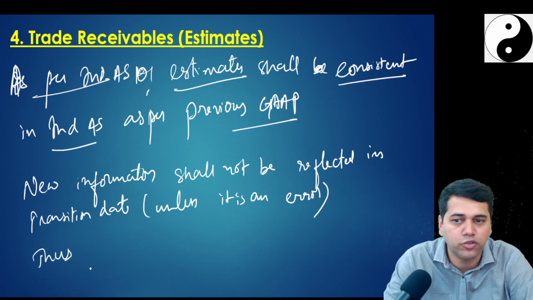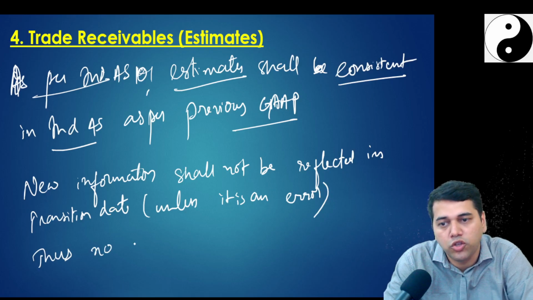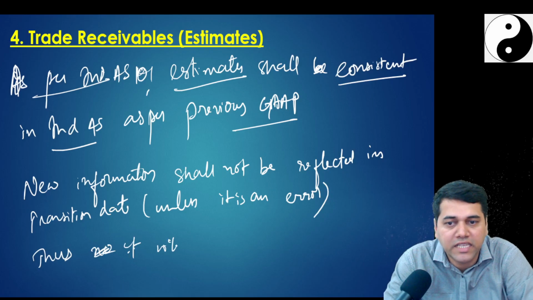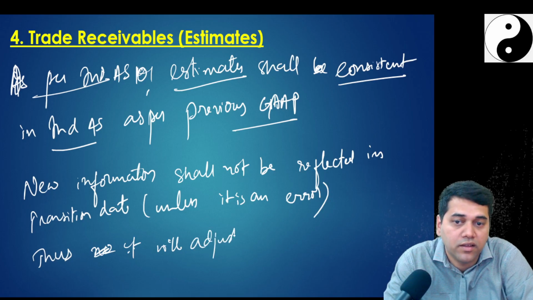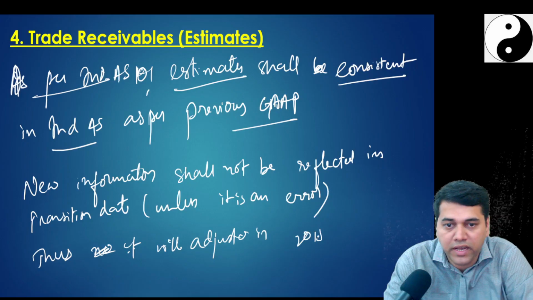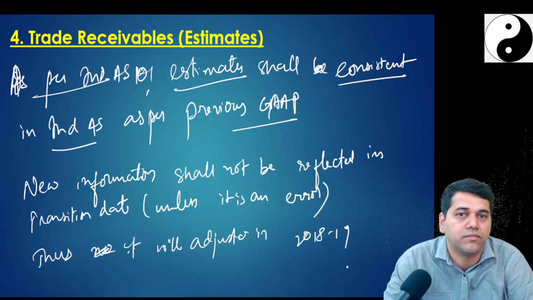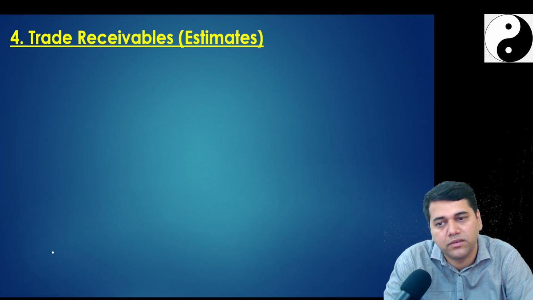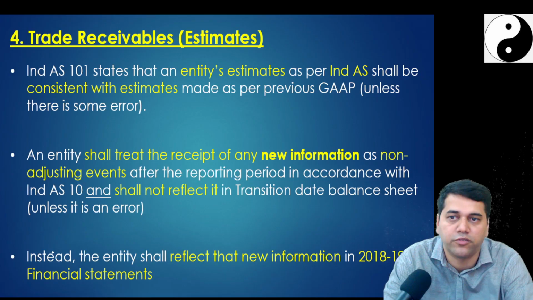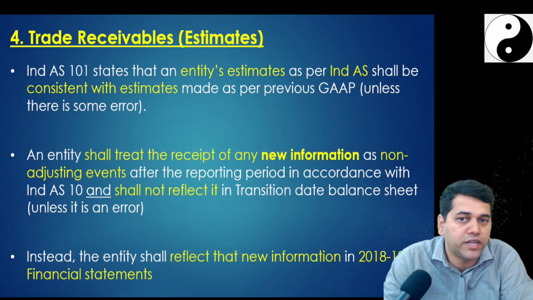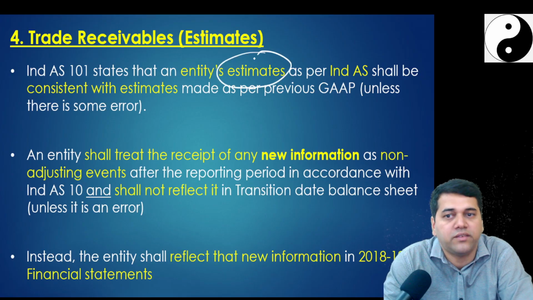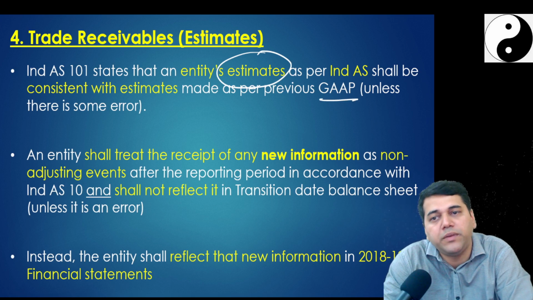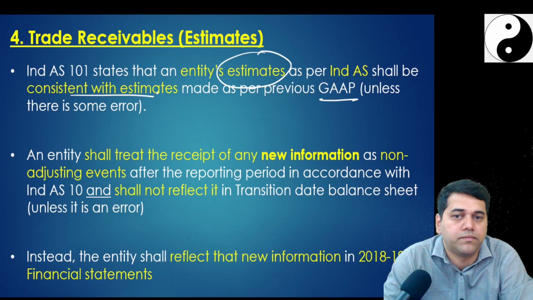I'll show you, I'm writing it short here. It will be adjusted when? In 2018-19. It will be adjusted prospectively. It is not adjusted retrospectively. So for trade receivables, your estimates in Ind AS cannot be different from the previous GAAP.